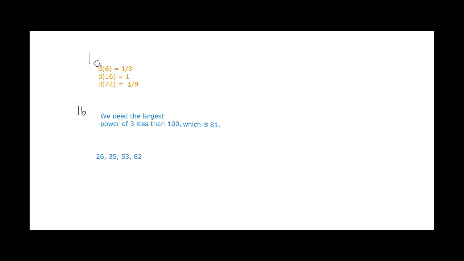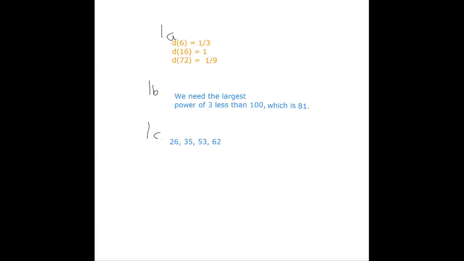Good. Okay, and now 1D. Can you find an infinite sequence of houses whose distance to 17 gets progressively smaller?